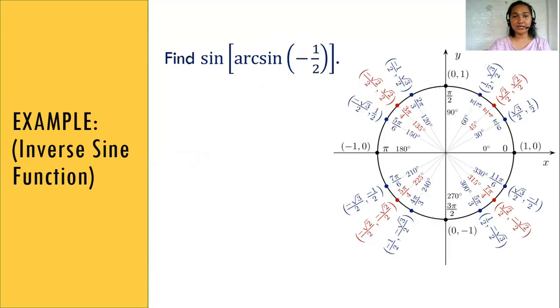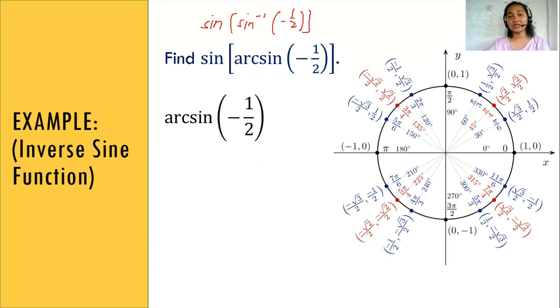So we need to find the exact value of sine of arc sine of -1/2, meaning we have the composition of two expressions, sine and this inverse sine of -1/2. At this point, for us to find the exact value of this expression, we need to find first the value of arc sine of -1/2.